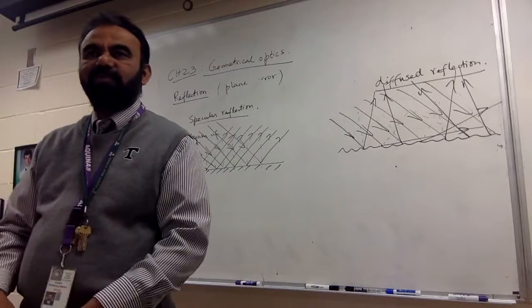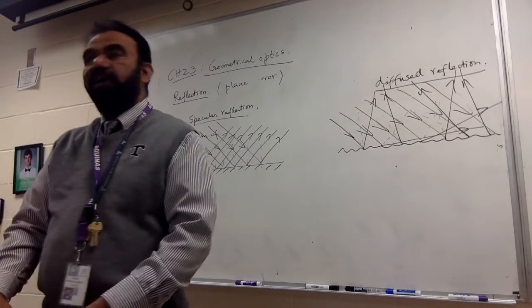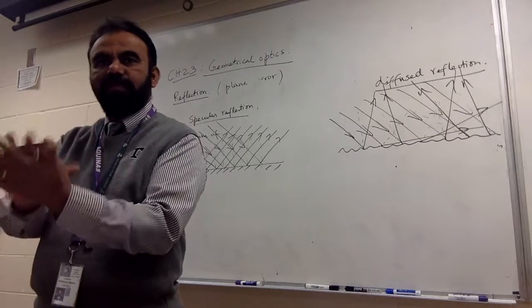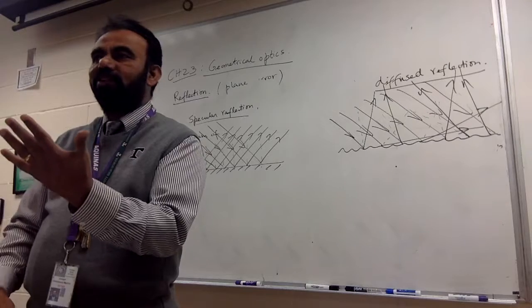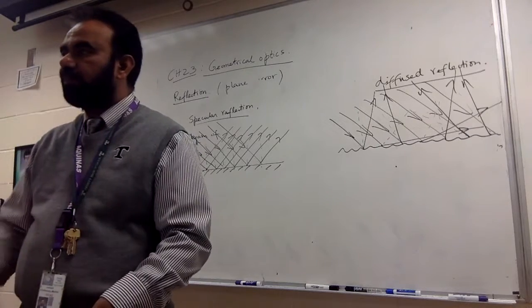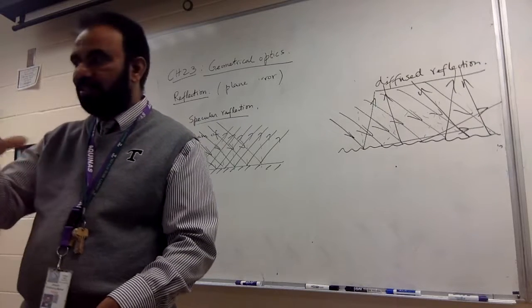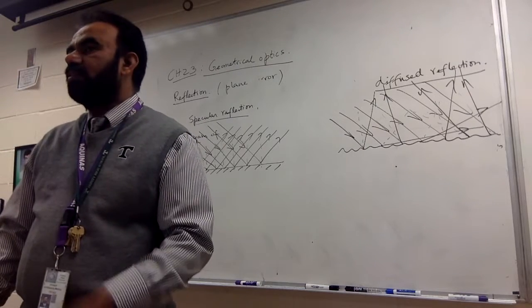Absolutely shiny pictures. And a matte finish is, again, on photographic paper, but it is not reflective. You can see it's rough. The surface is rough. So that is a matte finish.